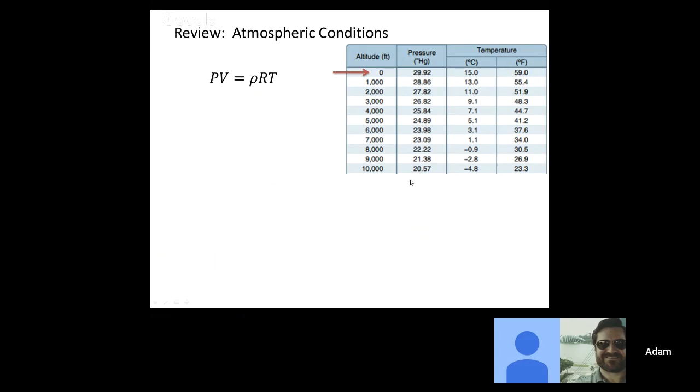So for instance, if you're at 6,000 feet and the temperature is above 3.1 degrees, let's say it's really at 10 degrees, then your density altitude will have a different value than your pressure altitude. And the reason is, all things constant, if temperature changes at a certain pressure altitude, your density is going to change. Make sense? Yes.